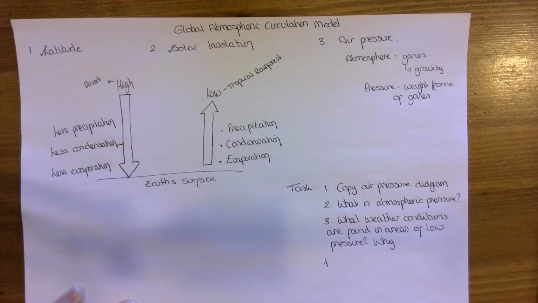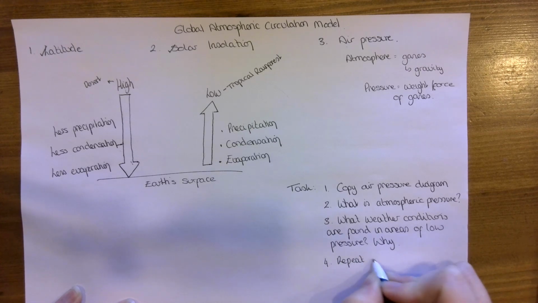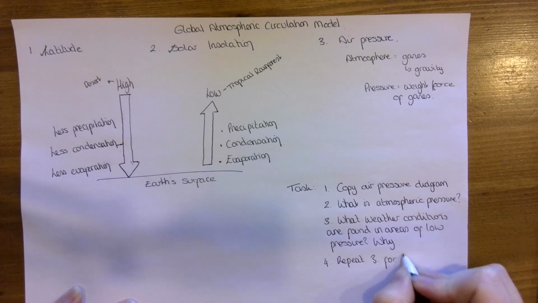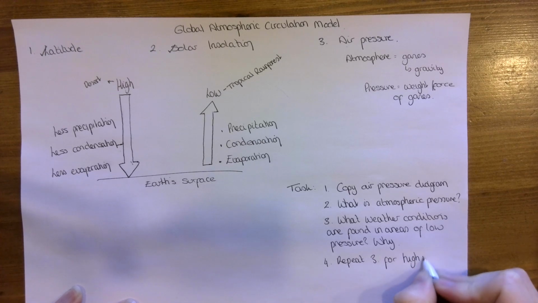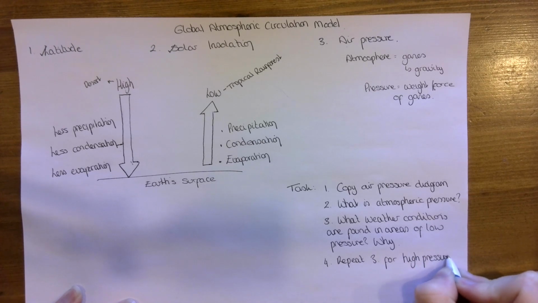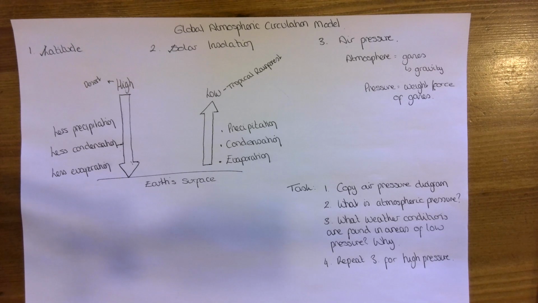And then the fourth one, repeat number 3 for high pressure. So what weather conditions are found in high pressure and why. Pause the video now, complete those tasks. Once you've come back, what we're going to do is put all of it together to explain this idea of the global atmospheric circulation model.